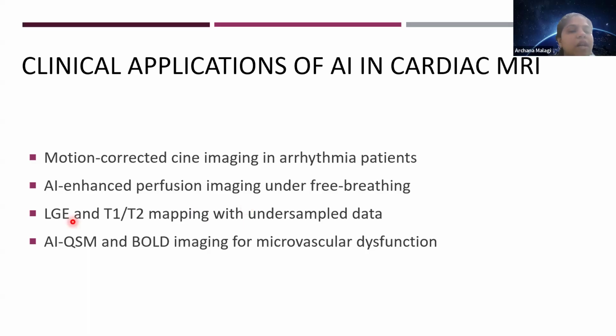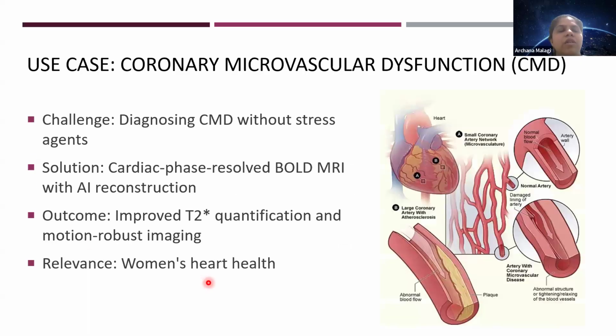Then comes late gadolinium enhancement and different contrasts of MRI, where you can reconstruct the image with less information and get the image faster. There are different imaging contrasts which we can use for different cardiac pathologies.